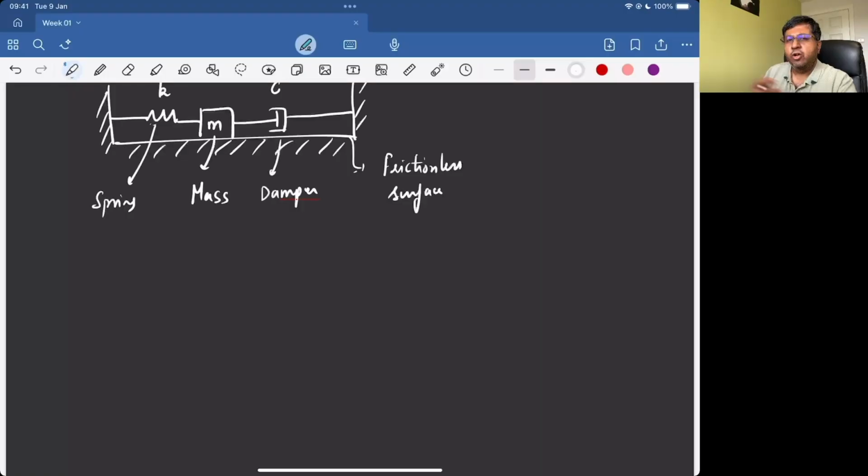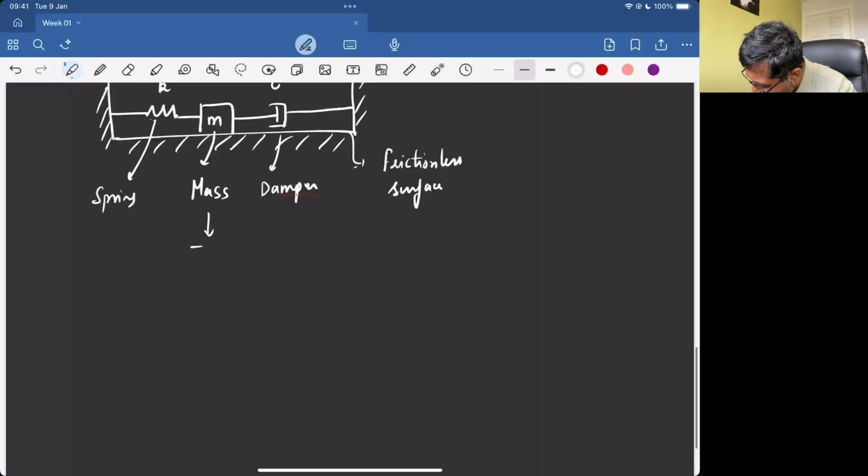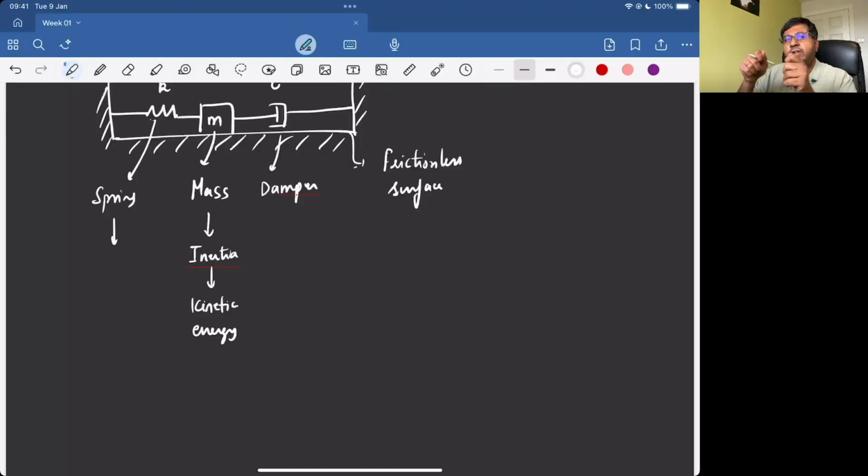So mass has some inertia, or we can say it has some kinetic energy. Similarly, when you pull a spring, you are doing some work on it. If I have to elongate something, I need to do some work on it, which means that this work is going to be stored in the spring, known as the spring potential energy.